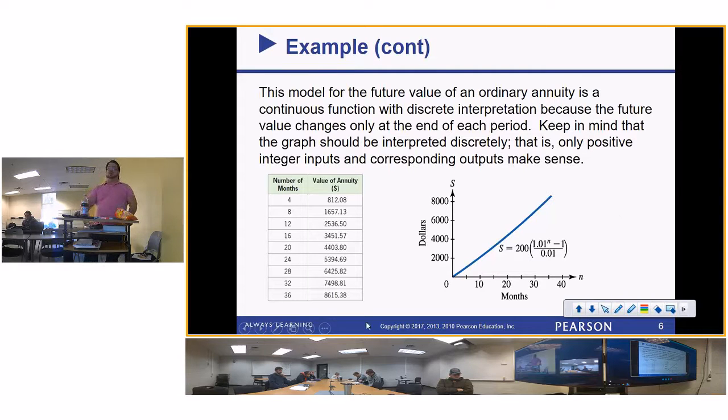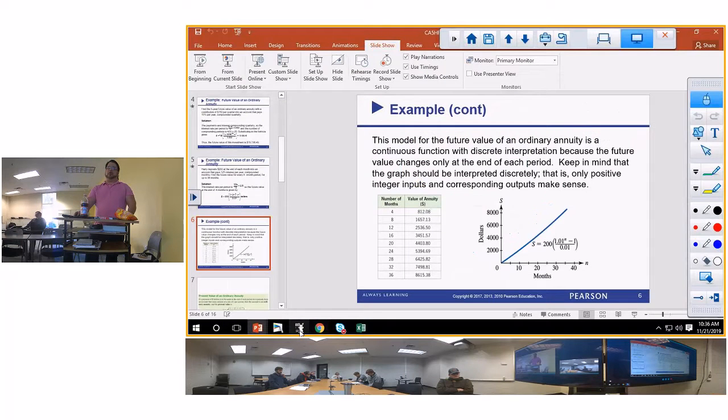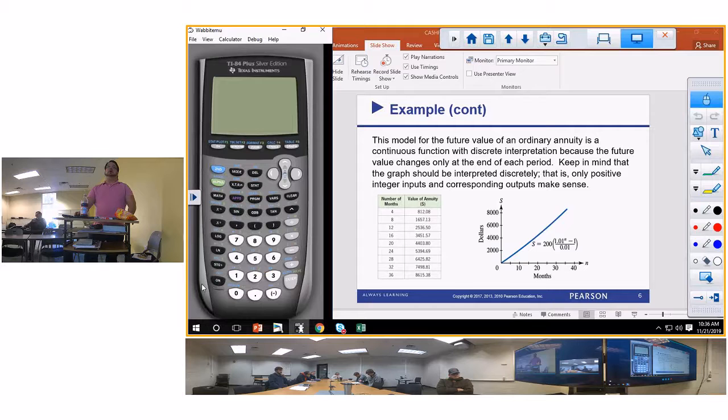So pull up the handy dandy calculator, and you would type in y equals, the 200 right there, then 2 sets of parentheses, then 1.01 raised to the x power, and then minus 1, and hope the calculator will know what's going on.